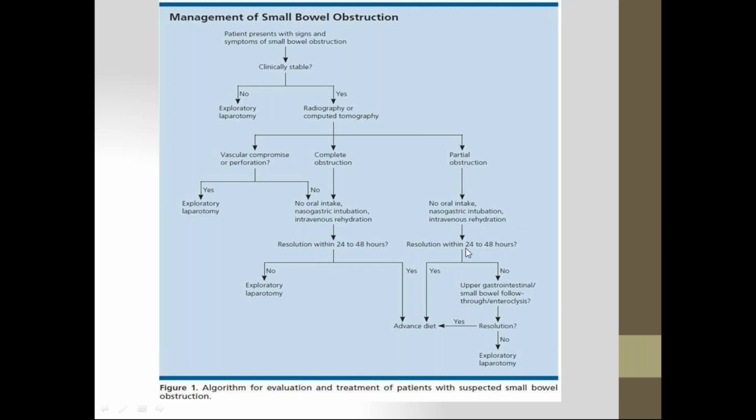If it fails to resolve in 24 to 48 hours, then you need to proceed with other investigations. If it is partial, then upper gastrointestinal or small bowel follow through and enteroclysis. If it resolves, you can initiate diet after some period. If it does not, then you need to proceed with the exploratory laparotomy.